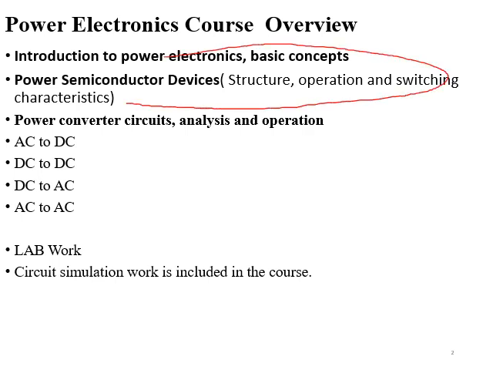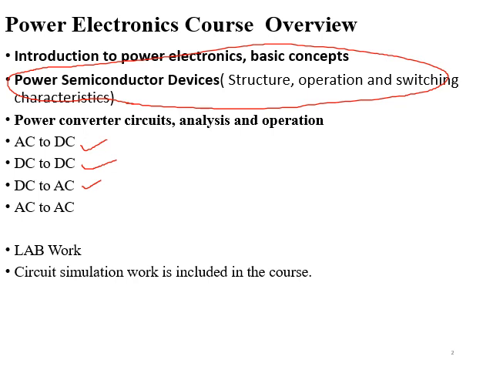In the first part, we have studied the basics of power electronics and the power electronic devices, their structure, operation and switching characteristics. In the second part, we learned the operation and analysis of the rectifier circuits. In the third part, the DC choppers. In the fourth part, single and three phase inverter circuits.